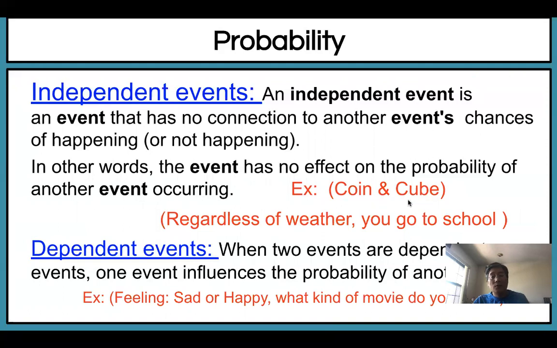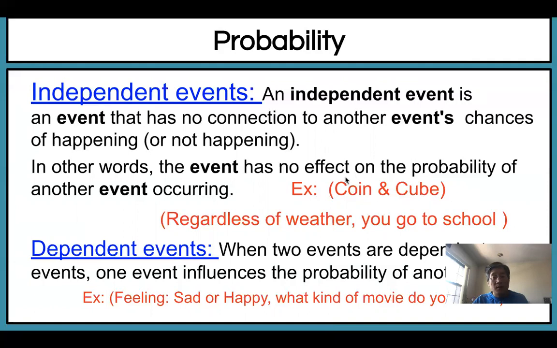When you toss a coin and roll a cube, or die, regardless of the result of the coin, the probability of the cube doesn't change, right? What's the probability of 1 on the cube? When the coin has a head or tail, does it change? No. In this case, we say that they are independent.